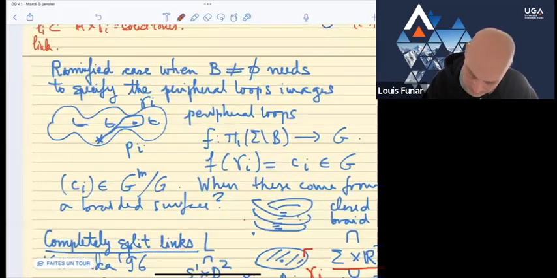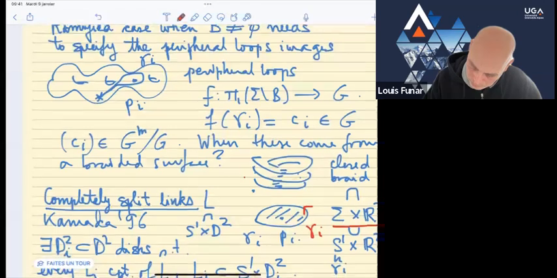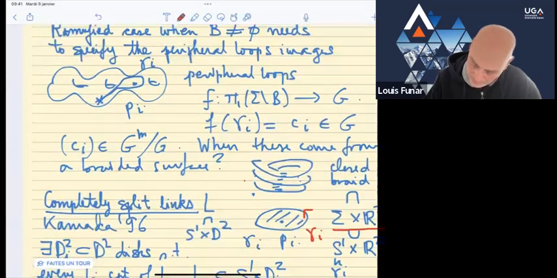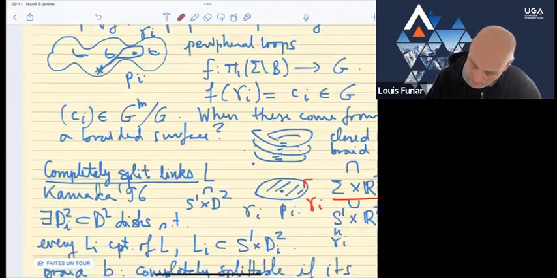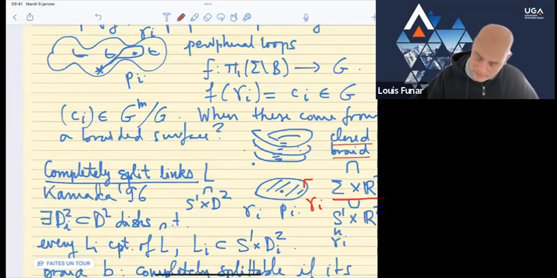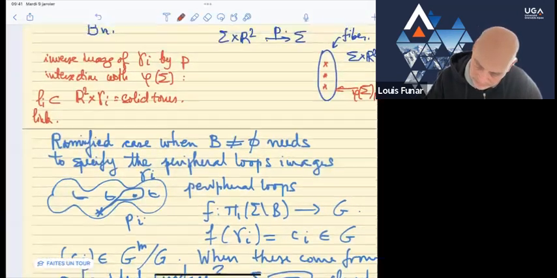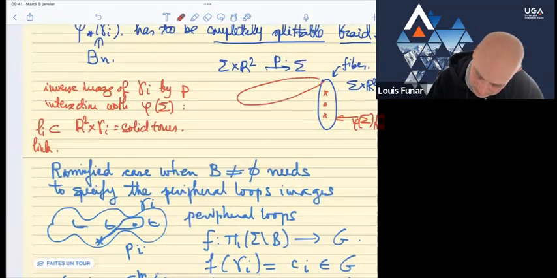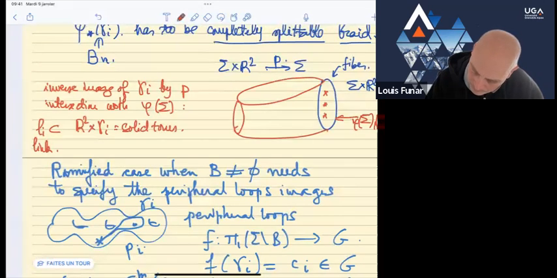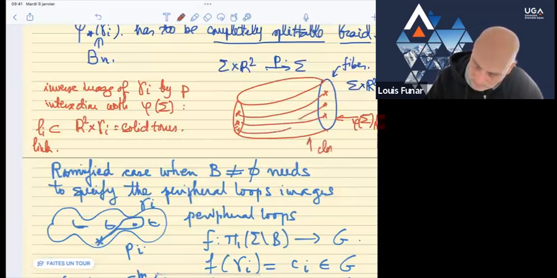So I try to define something up here. So we have a closed braid, because it is just a braid which is closing. It is just the trace of it, so this is the closed braid Li.